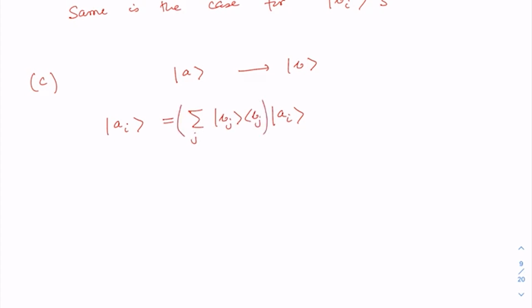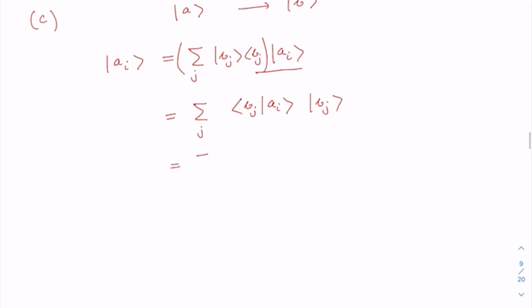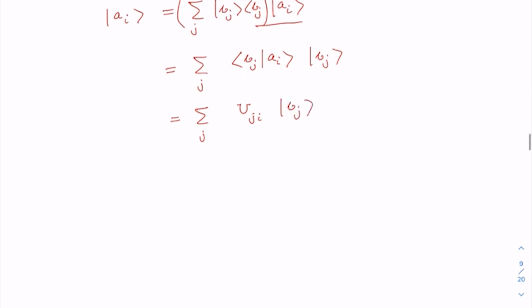Because this is identity, I can write it as sum over j bj ai. This is just a number, and then I can write here bj. So this is my transformation matrix uji bj, where uji is equal to bj ai, you are going from the basis ai to bj.